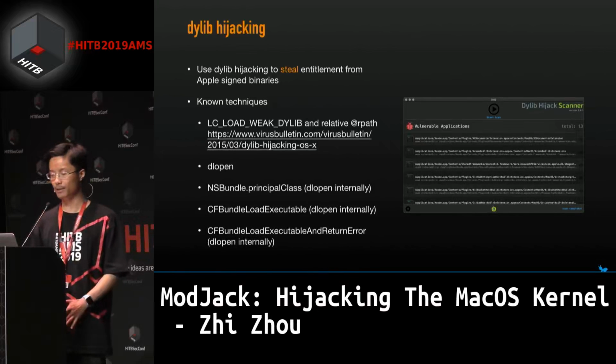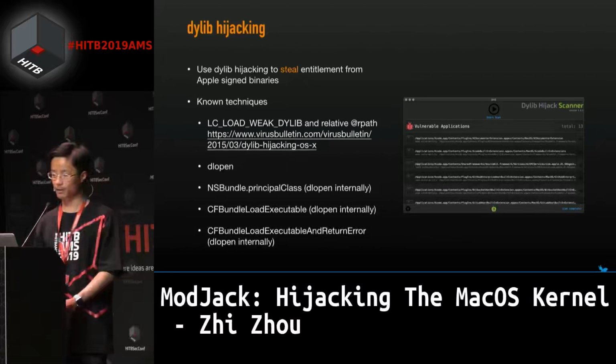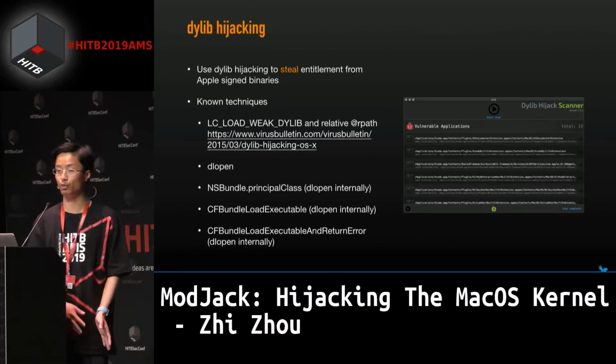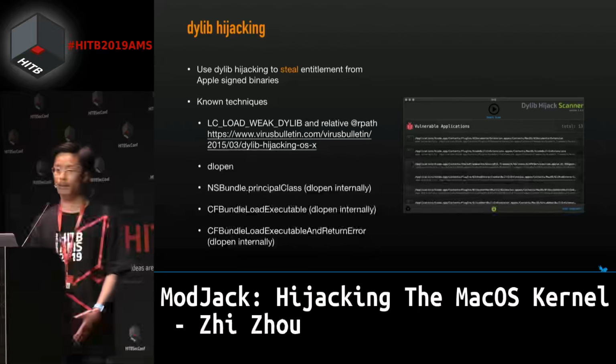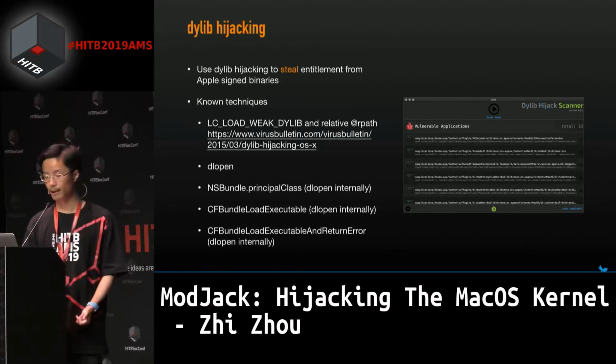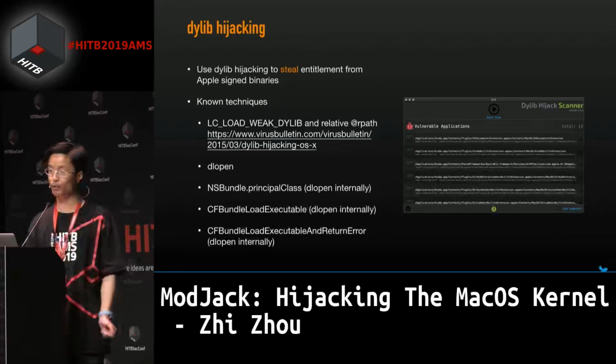When it has a relative rpath and this load command, it will try to locate a dylib with the specific rpath and can load an untrusted dylib outside the binary's path.